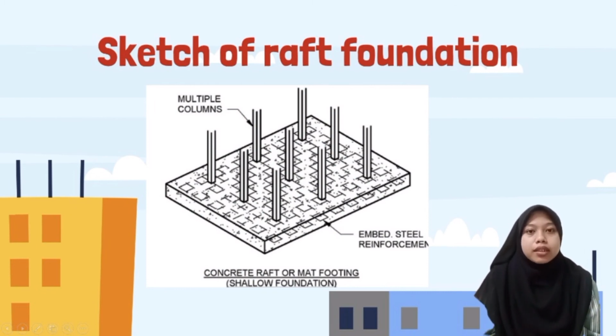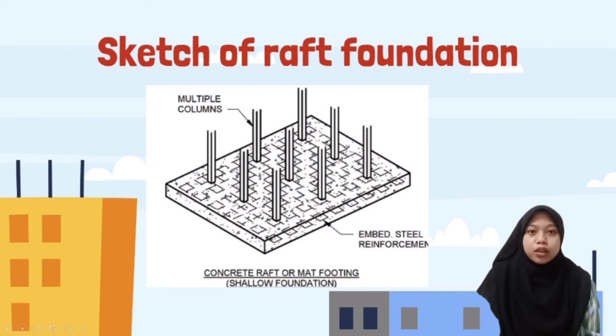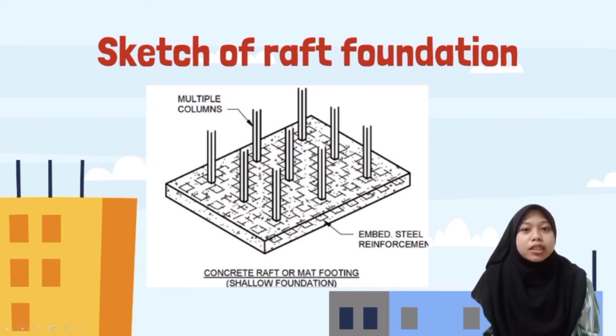This foundation reduces the likelihood of differential settling between loads, which is settling of the structure at different rates in different locations. Raft foundations are comprised of engineered design structural concrete with reinforcing steel and are substantially stronger than a base floor slab.